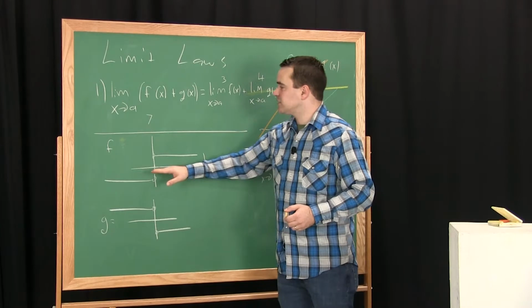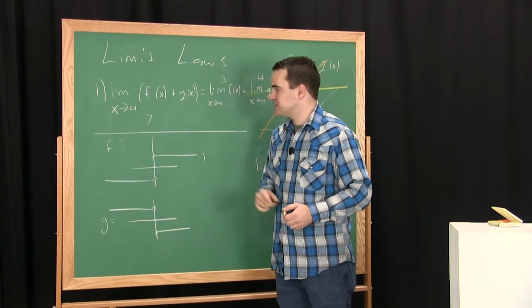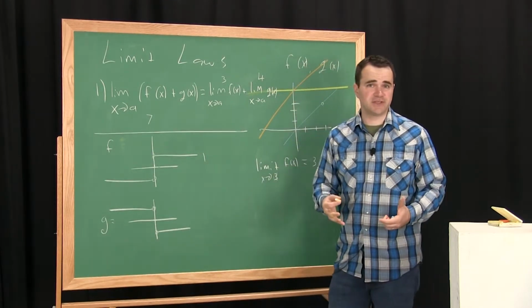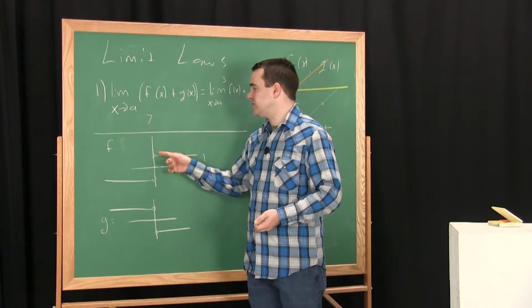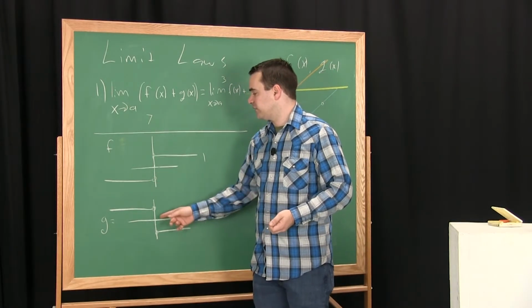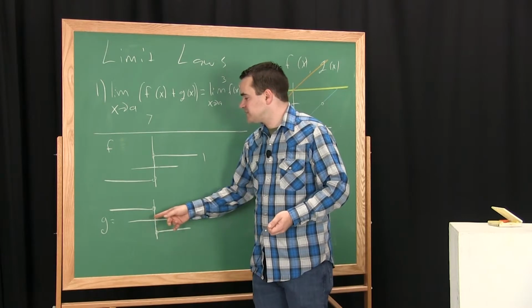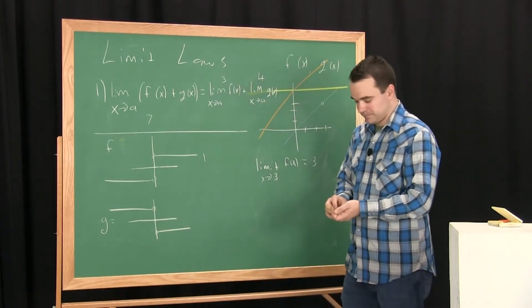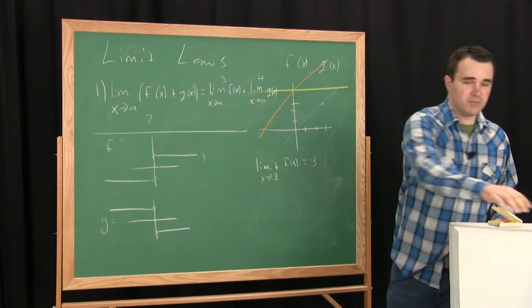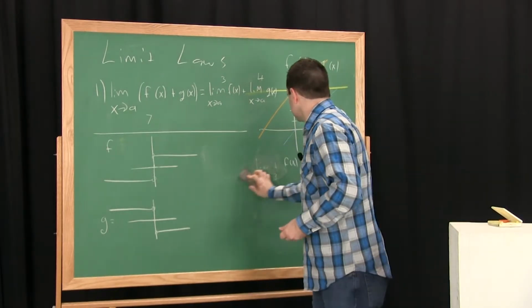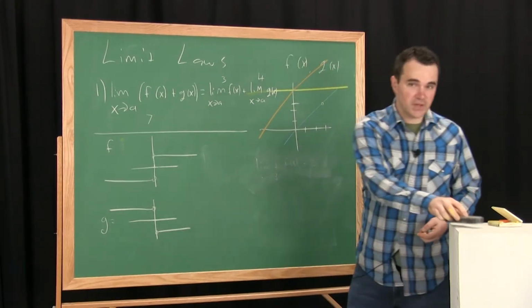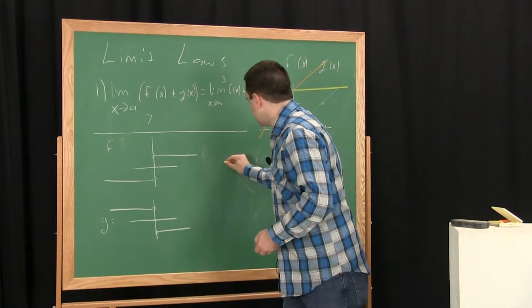But if I just look at the limit of f as x goes to 0, that limit doesn't exist because the y values aren't approaching a single value. If I look at g, as the limit as x goes to 0, the y values are not approaching a single value. But check this out.